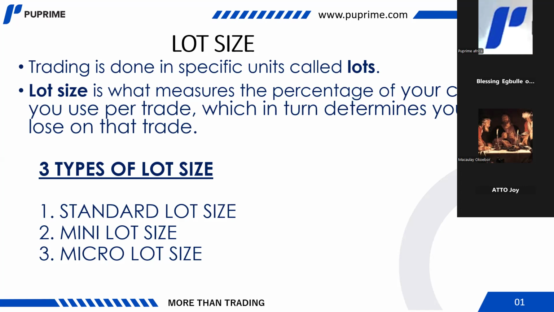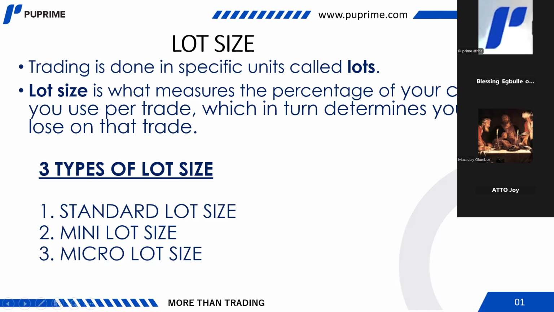That account is your capital, except you decide to split the money into two accounts. But what determines the percentage of that account that is traded per time is the lot size. Your 10,000 is sitting in your account, but the lot size determines the quantity of that 10,000 that is being traded.